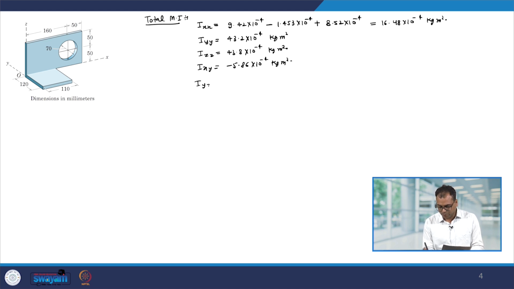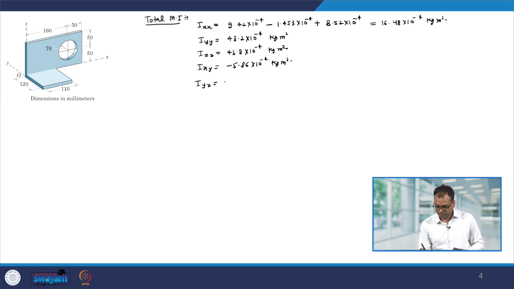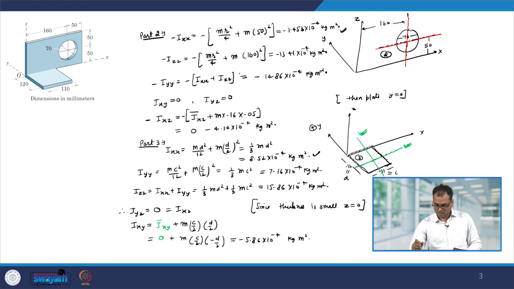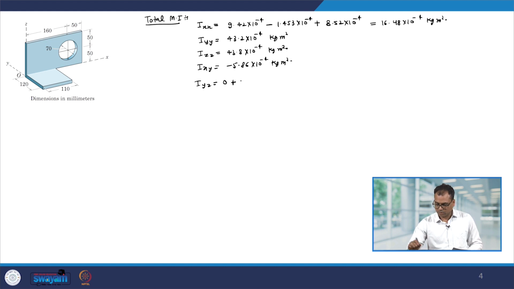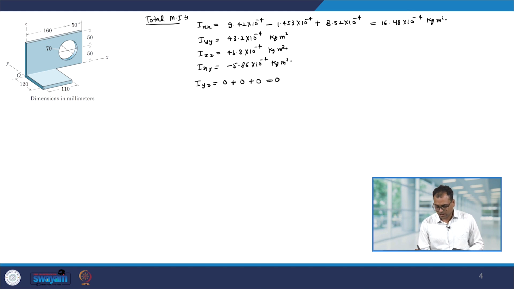And Iyz, here it was 0, for the second part it was also 0 and for the third part also it was 0, so Iyz equals 0, and similarly Ixz equals 10.69 into 10 to the power minus 4 kg meter square.